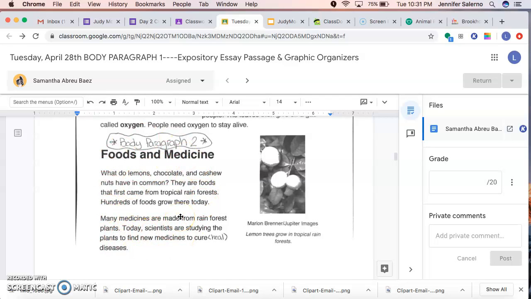It's telling you how the rainforests are important to people. In this section now, you're going to find your answer, okay? So this is where you should be looking. This is where you're going to find your answer. This is where you're going to find your textual evidence for body paragraph 2, okay? So I gave you that to help you.